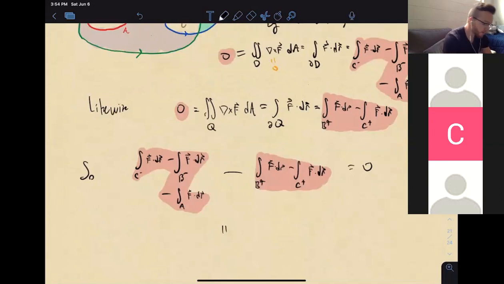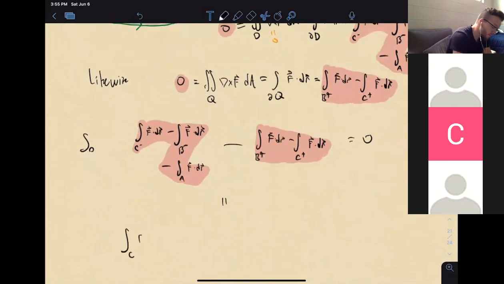But if I collect terms, what do I get? I have c minus negative c plus. That's c minus plus c plus, which is c. I've got negative the integral over a. And then I've got negative b minus b plus.